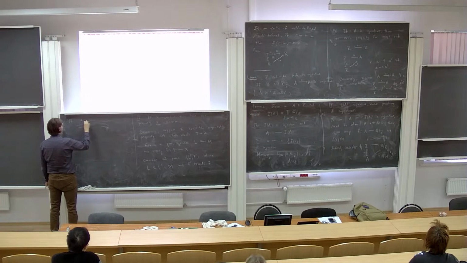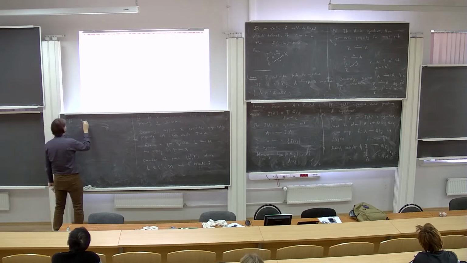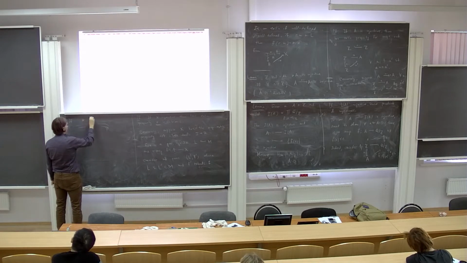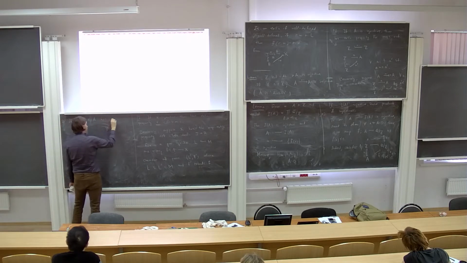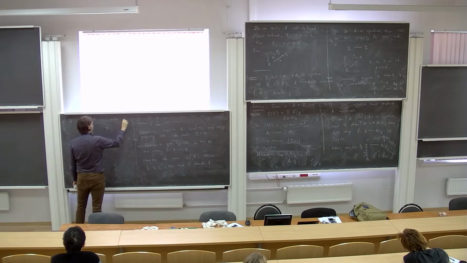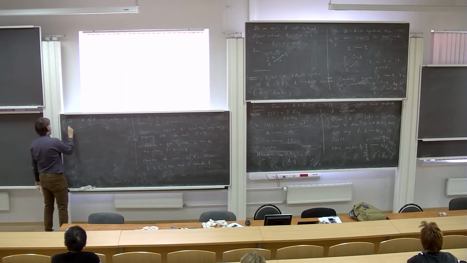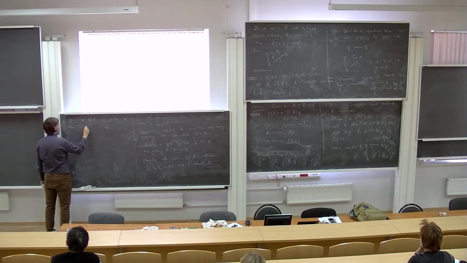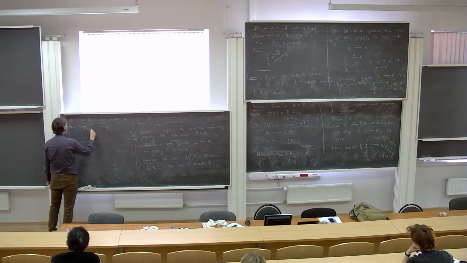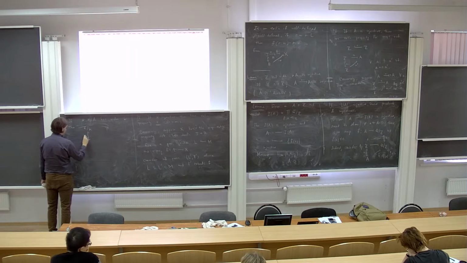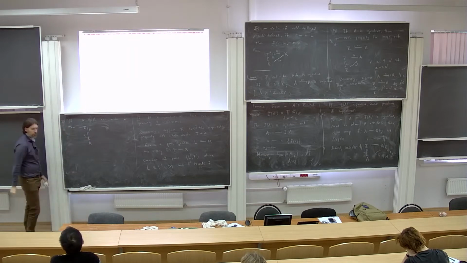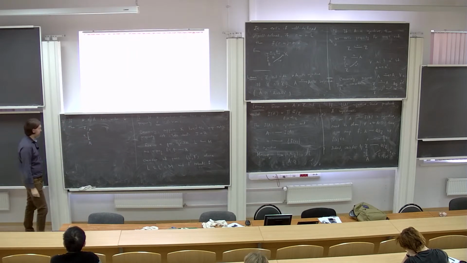So second case is if a in A has order k, then we have an injection from Z mod k into A, which sends the generator 1 to a.